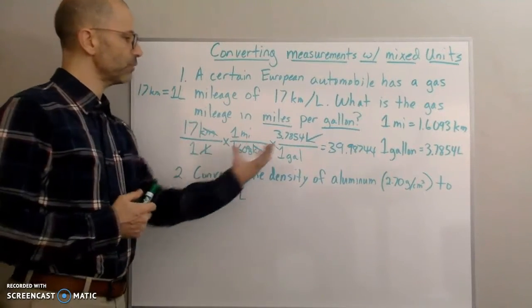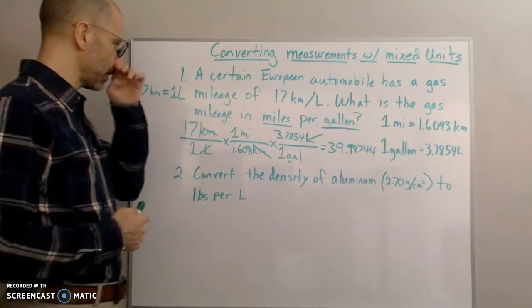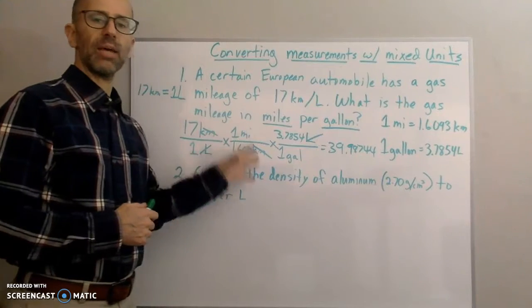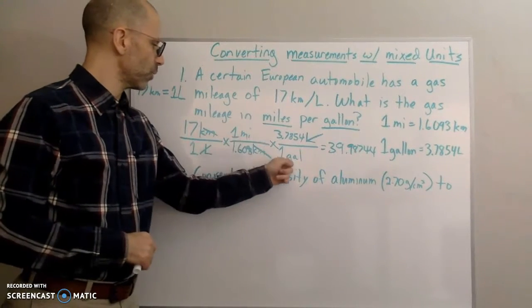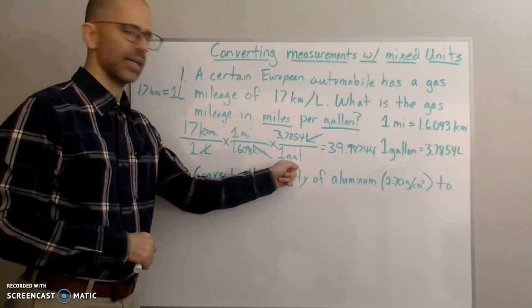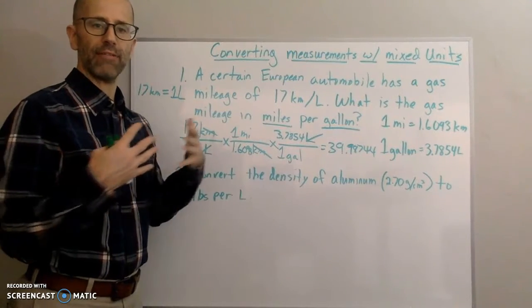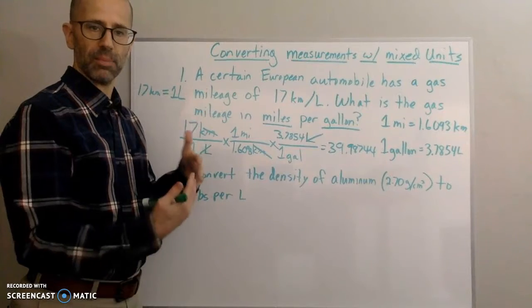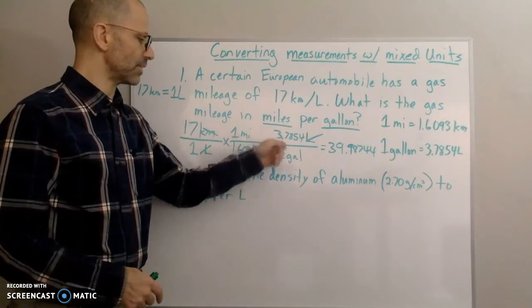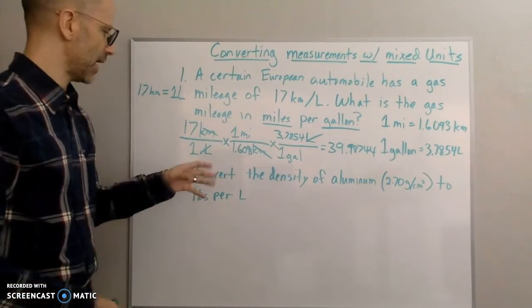So now we need to figure out our sig figs. Again, you're going to eliminate anything that's exact. So here we have metric to English. Anytime you have an English to metric relationship or equality, that's going to be a measure. That's not exact.